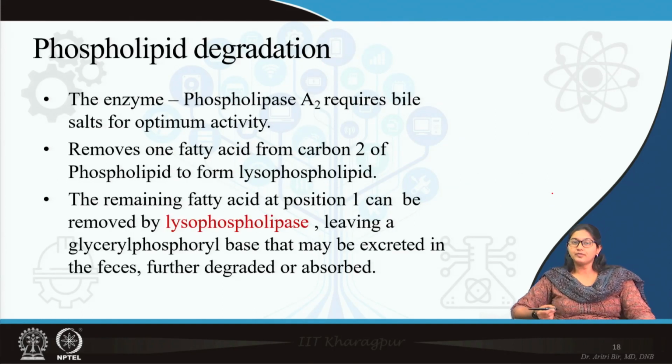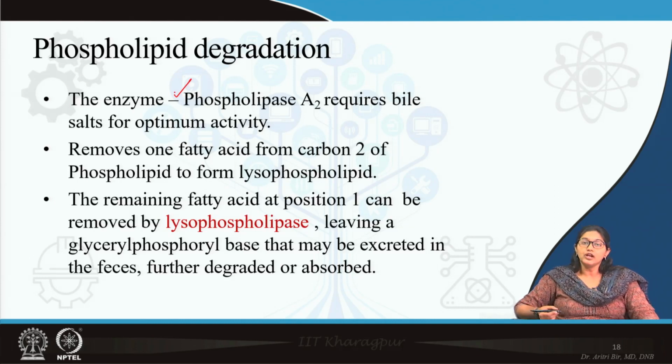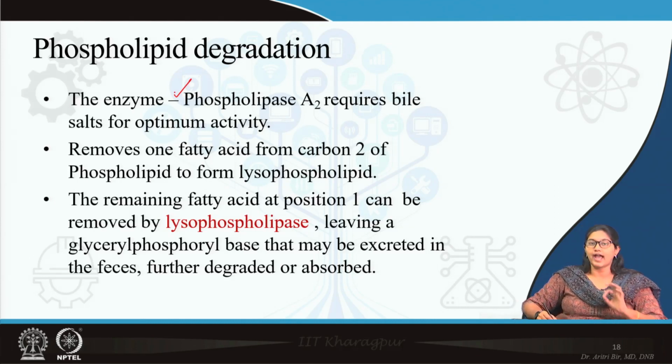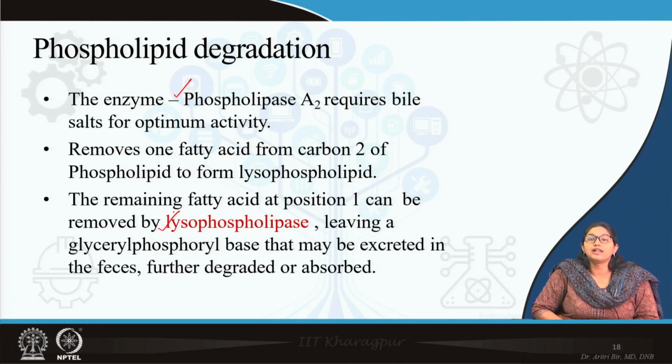Then phospholipid degradation with the help of the enzyme phospholipase A2. Remember, phospholipase A2 breaks down the secondary ester bond, that is SN2, which finally gives rise to a product which can be digested by lysophospholipase.